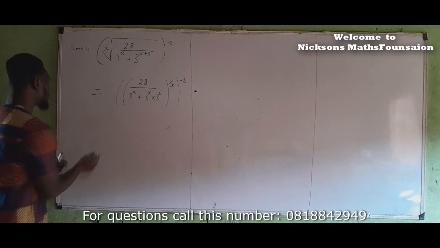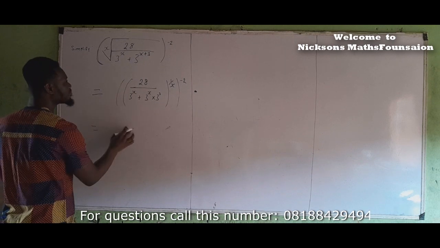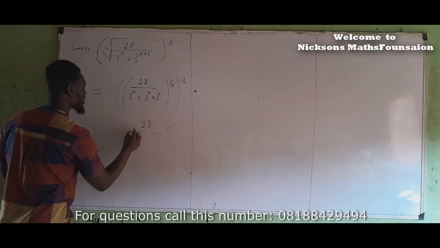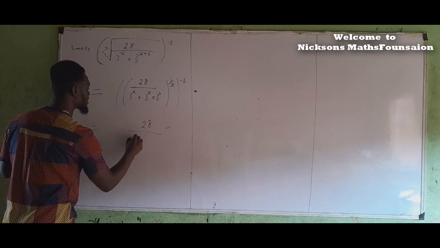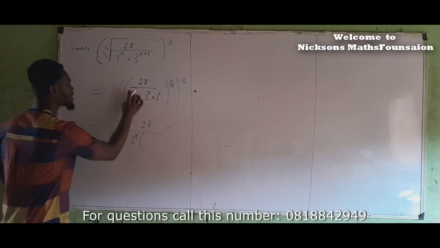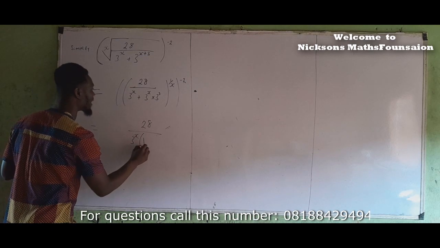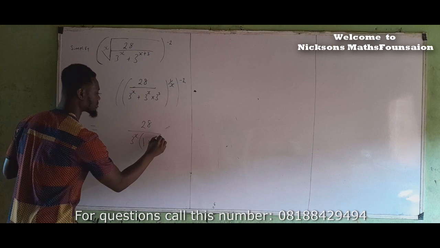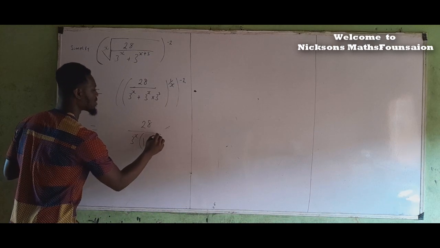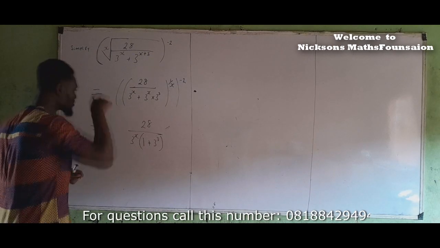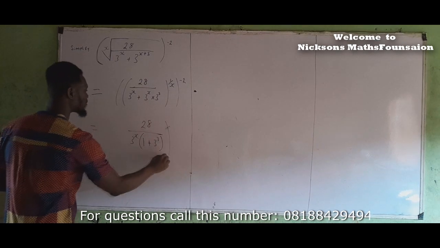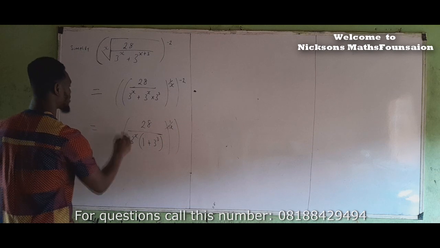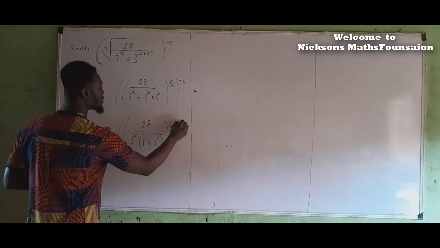So this is equals to, here I can factor, and this is 28 all over, I factor out 3 raised power x. If I factor out 3 raised power x, here is going to give me 1 plus 3 raised power 3, then all of them raised power 1 all over x raised power minus 2.